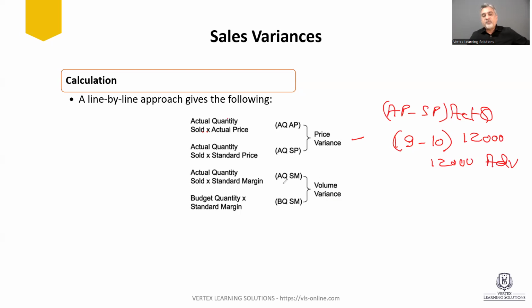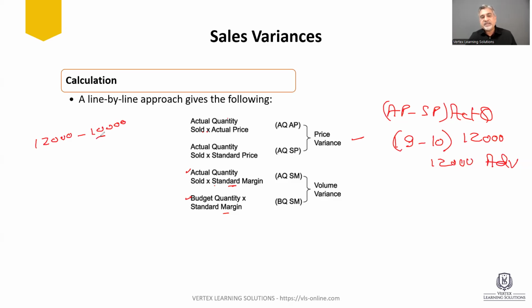This is for price. For volume variance, it is actual quantity sold into standard margin, minus budgeted quantity into standard margin. The standard margin is either the contribution margin or the profit margin. So it is the difference between actual quantity and budgeted quantity. My actual quantity was 12,000 units. My budgeted quantity was 10,000 units.